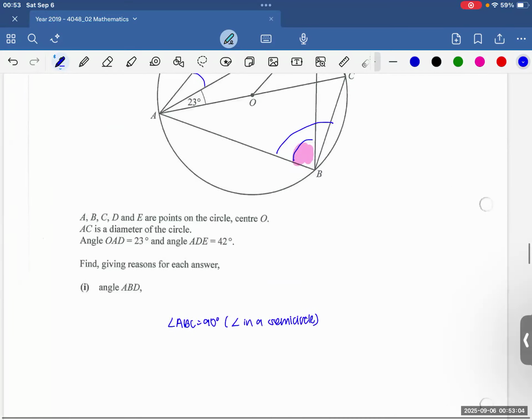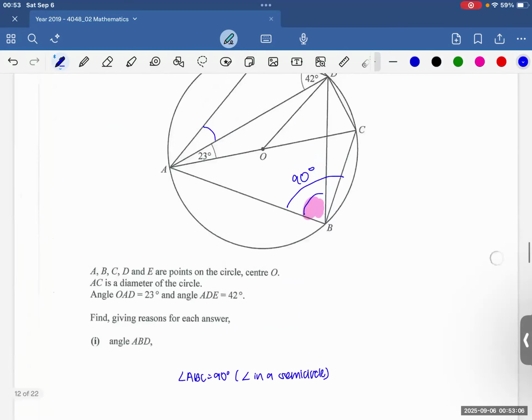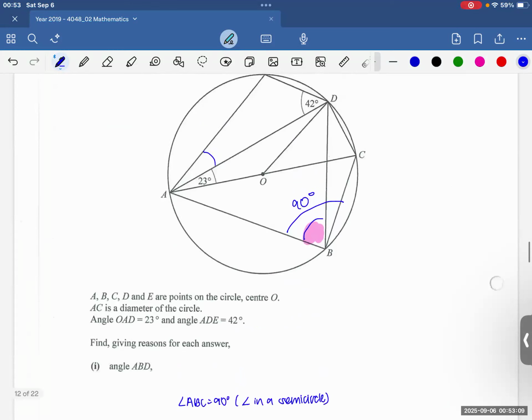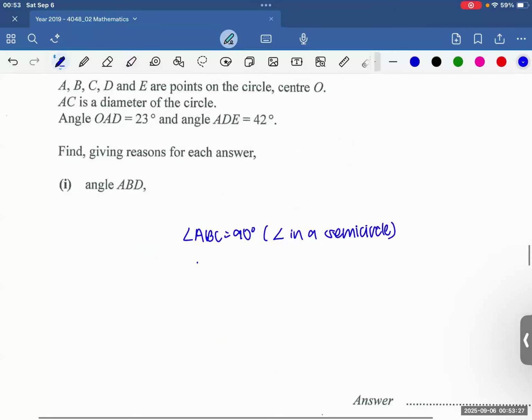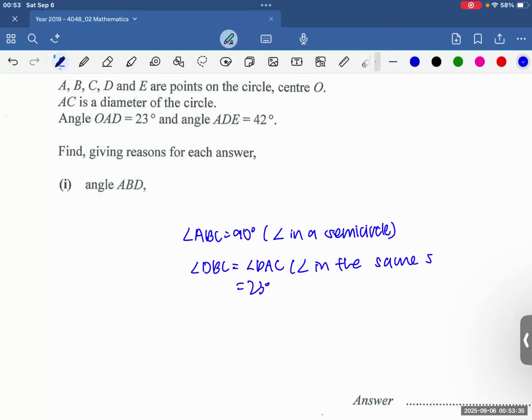Once we know that this is 90 degrees, we know that angle DBC over here is equal to angle DAC because they are angles in the same segment. So angle DBC equals angle DAC equals 23 degrees. Why? Angles in the same segment.